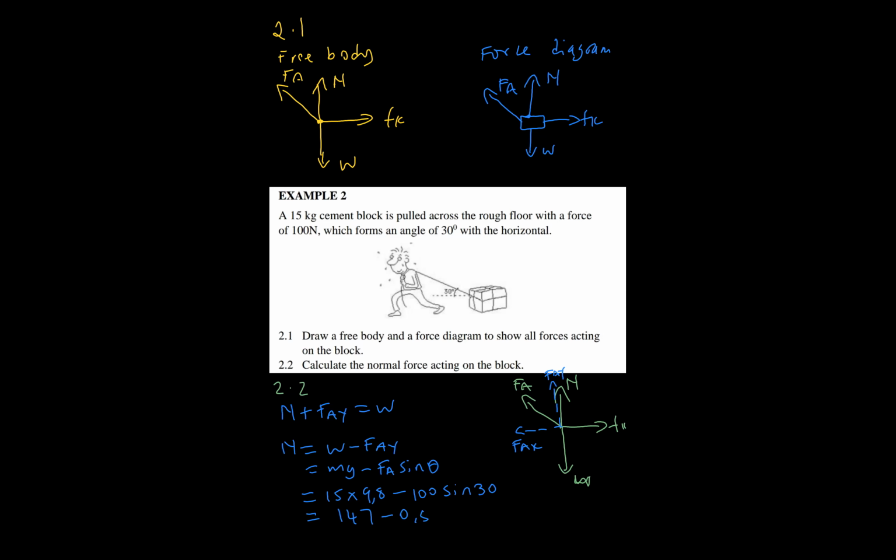Oh, it's 0,5 multiplied by 100, sorry, which is 50. And the answer is just 97 newtons. So this is the normal force for this case. I hope you understand this problem now.